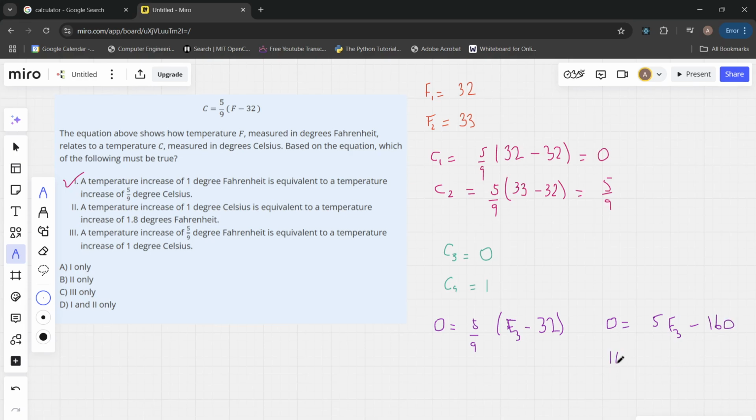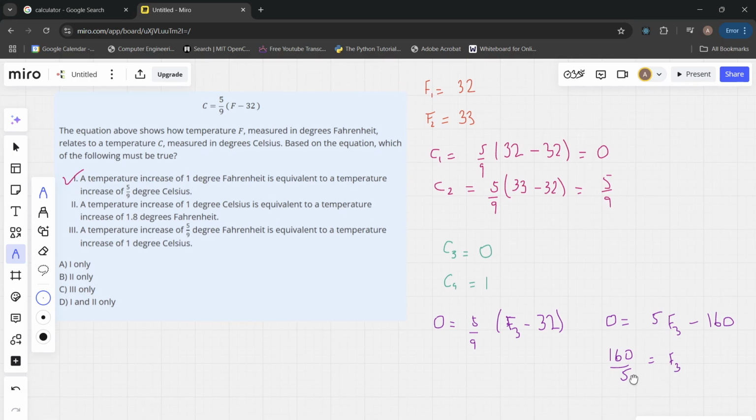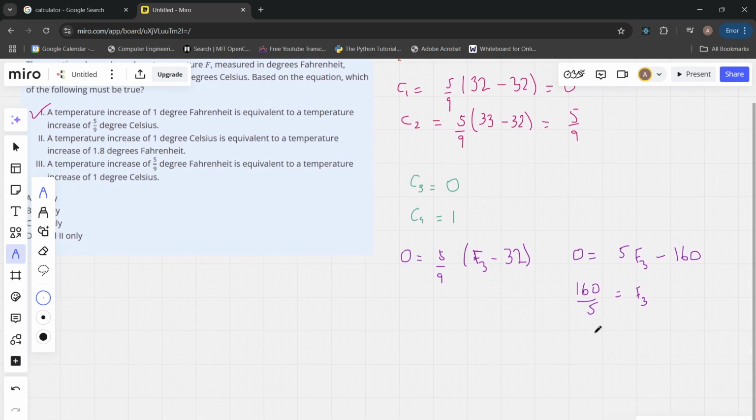So this is 160 divided by 5 equals F3, and that is 32. So 32 equals F3.